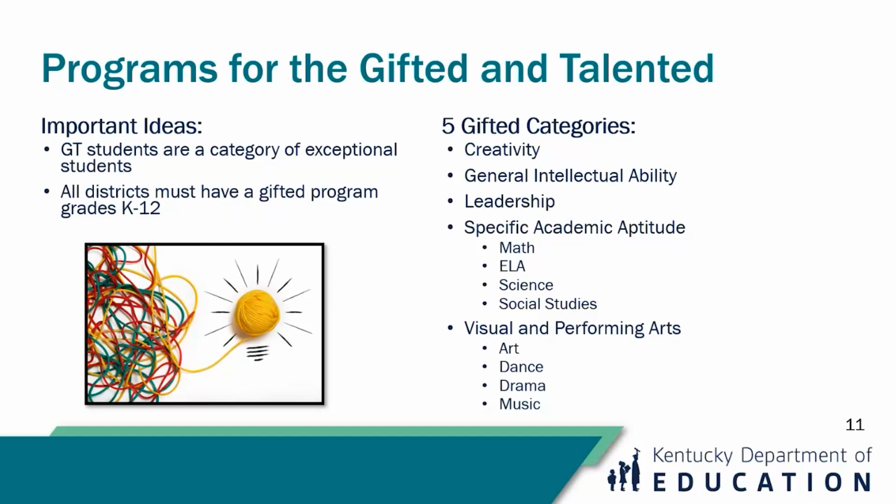So in the state of Kentucky, we have creativity or divergent thinking, general intellectual ability, leadership, specific academic aptitude, which is broken down in our state into math, English language arts, science, and social studies. Also, we have visual and performing arts, which is broken down into art, dance, drama, and music.